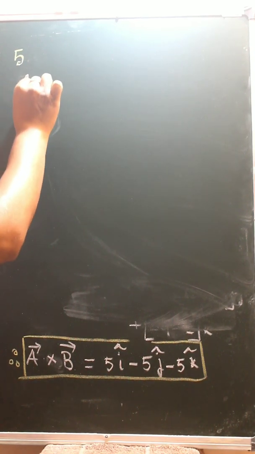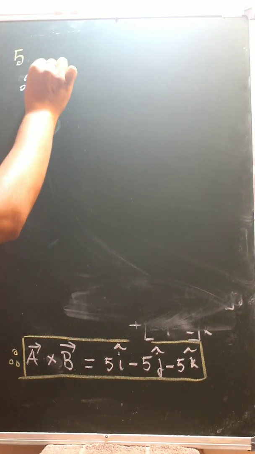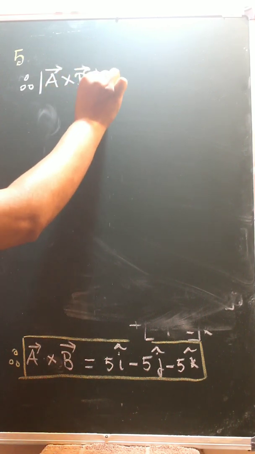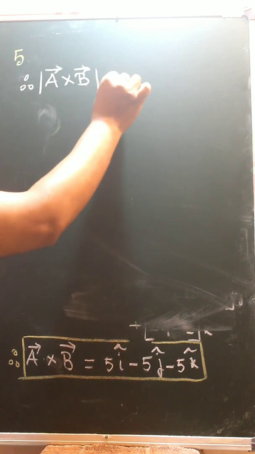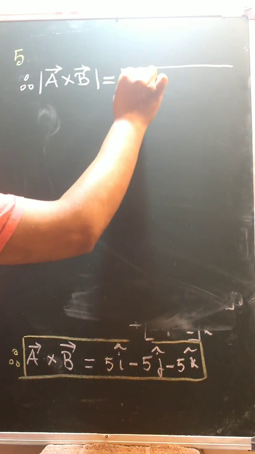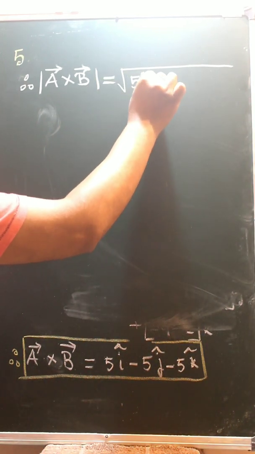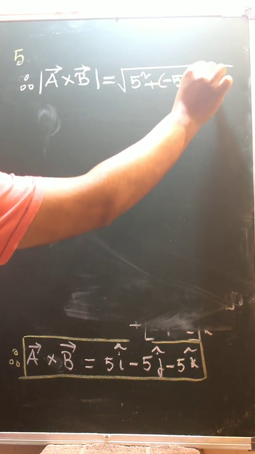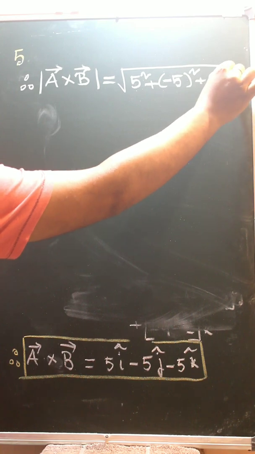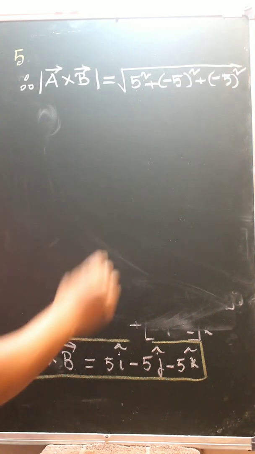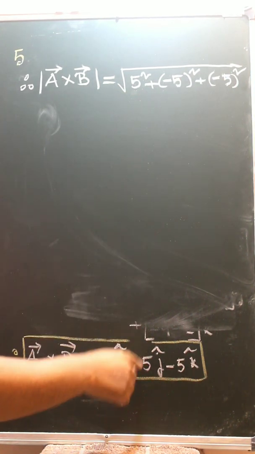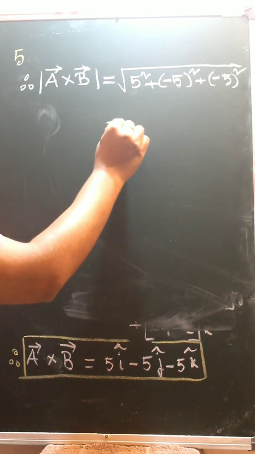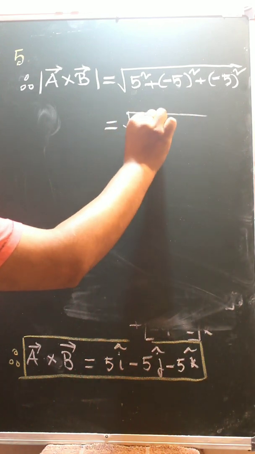Then the magnitude, therefore mod vector A cross vector B equal root over 5 square plus under bracket minus 5 square plus under bracket minus 5 square, which is root over 75.